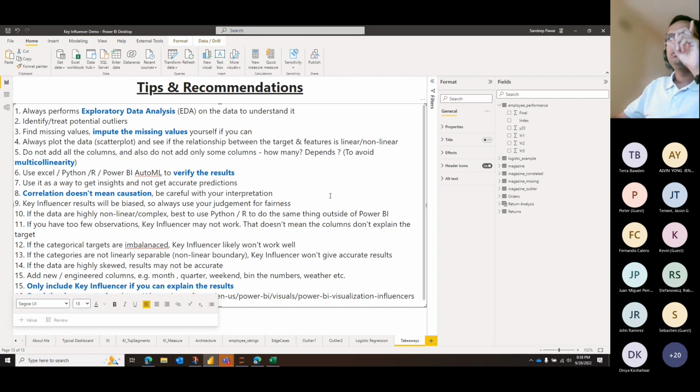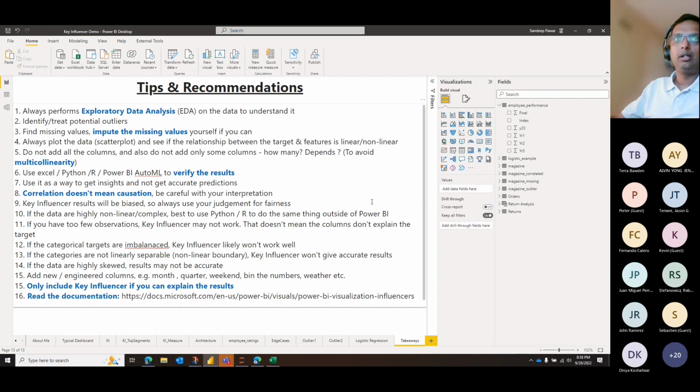One thing that is not very well known, and the Power BI documentation doesn't highlight that either, is that the key influencer visual works only on 30,000 data points. So if you have 10,000 or if you have a million rows, theoretically speaking, that's good because the more data points you have, the better for analyzing the patterns.